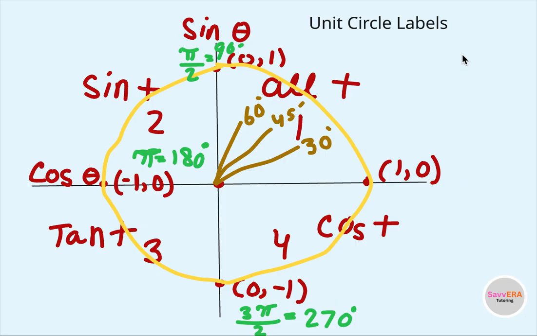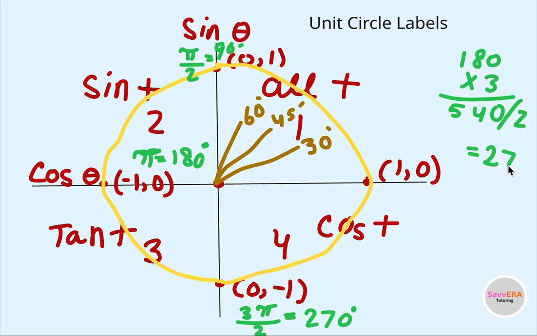We take 180 times 3, which gives us 540, because it's 3 pi, and we divide that by 2. When you take this value and divide it by 2, this value over here will equal 270, and that's how they get 270 degrees. So that's how these values are formed.